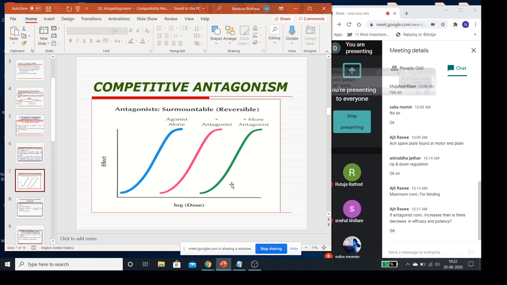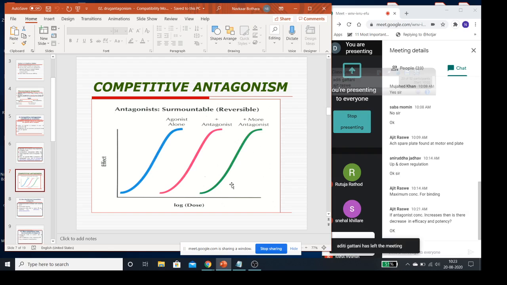We have seen that the binding capacity of agonist is related to potency, and the intrinsic activity to efficacy. So efficacy will not be affected, because the agonist has its inherent property. Now depending on what kind of antagonist it is, it will modify the receptor in such a way that it can cause the changes.